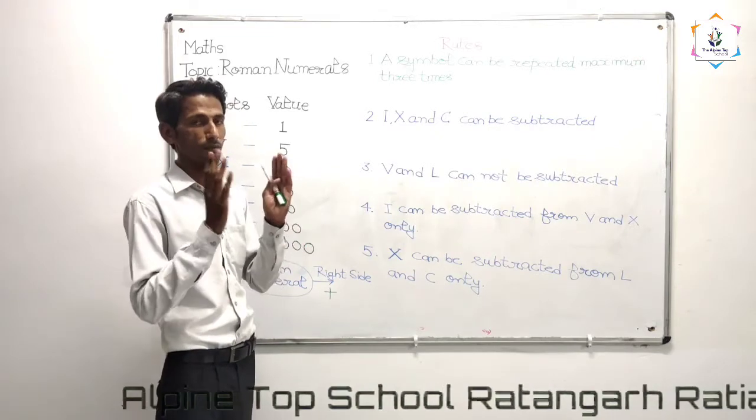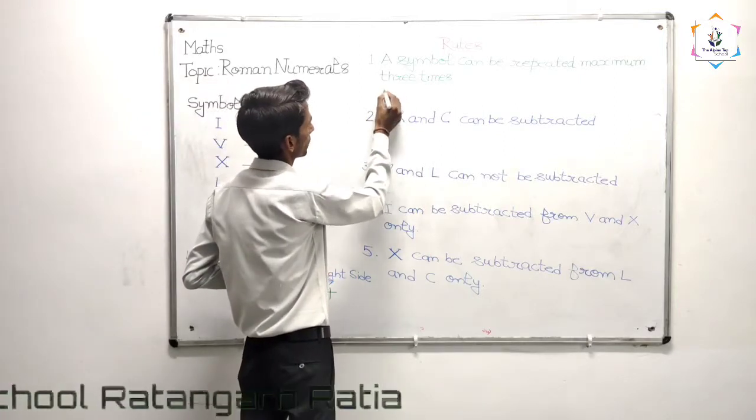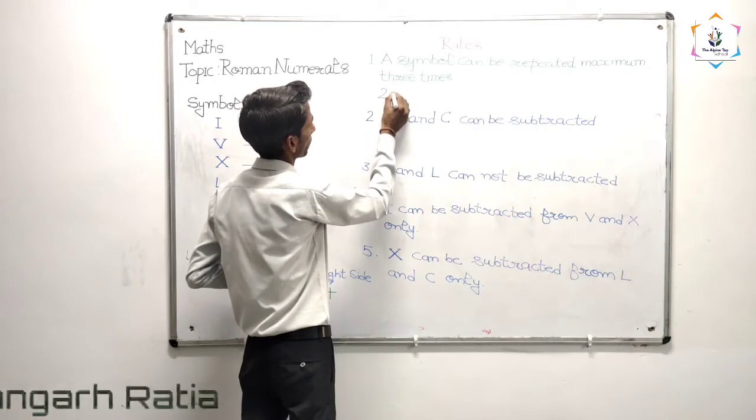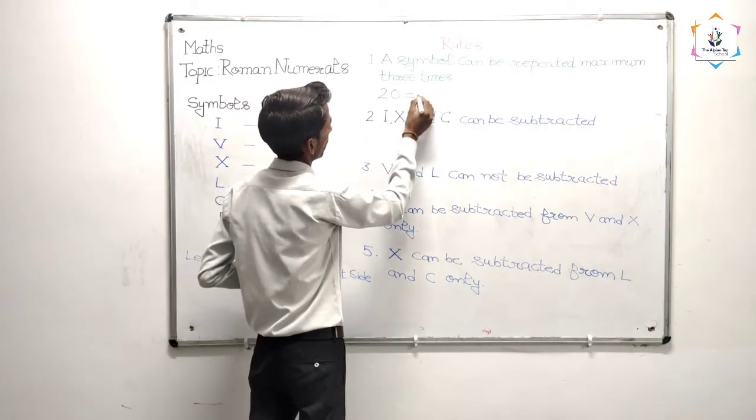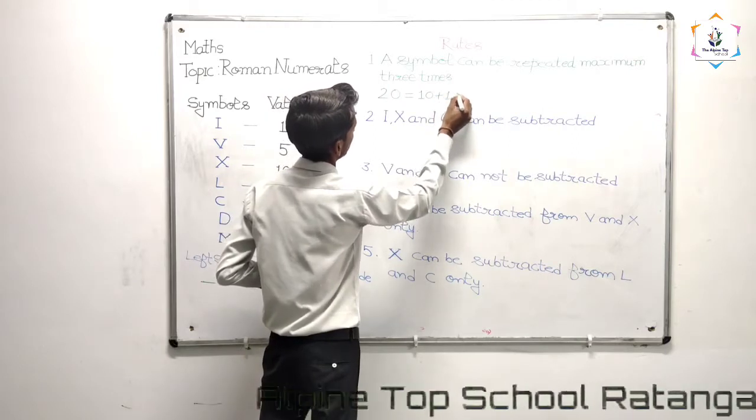How will it happen? Just imagine, dear students, you want to write 20. Obviously its value we can write like 10 plus 10.